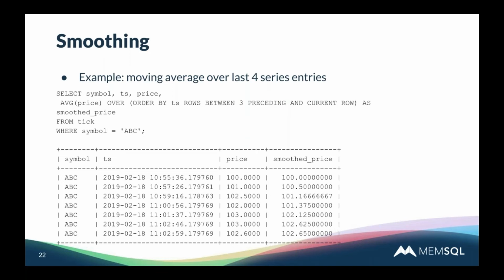You can see in the tabular output below how the price moves up and down a little bit chunky, and then the smooth price averages over a sliding window of between 3 rows preceding and the current row. So that's how we get the 4 entries that we're averaging over for the smooth price.